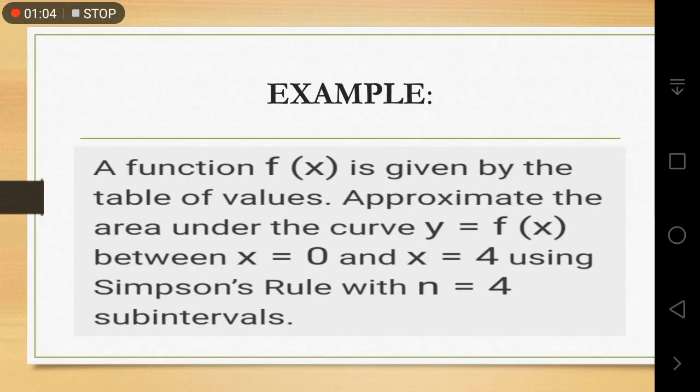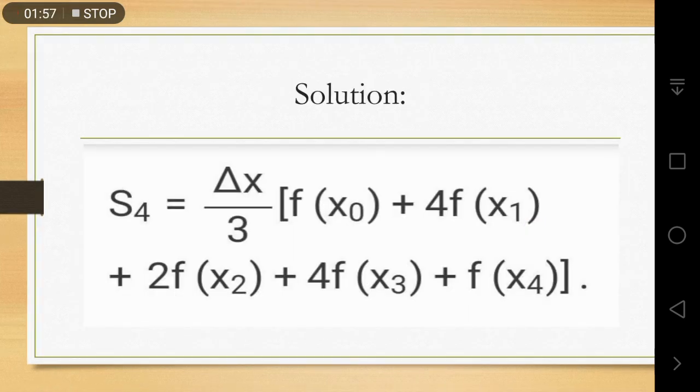Here are the examples of Simpson's rule. A function of x is given by the table of values. Approximate the area under the curve y equals f of x between x equals 0 and x equals 4 using Simpson's rule with n equals 4 subintervals. So here's the solution.